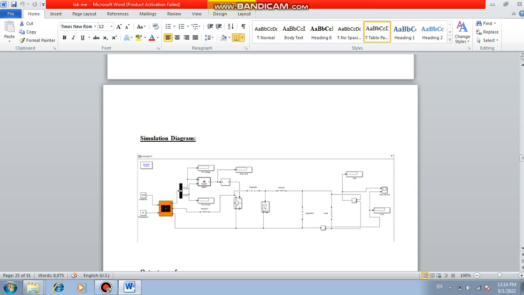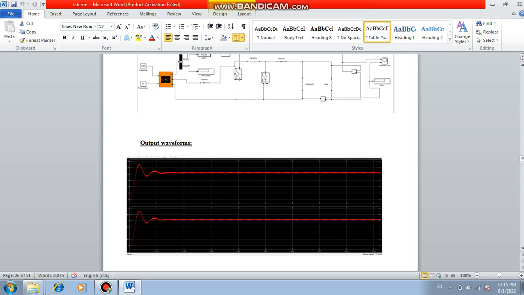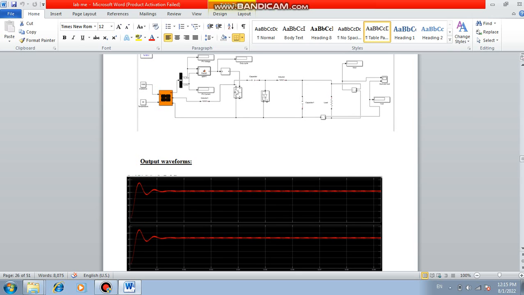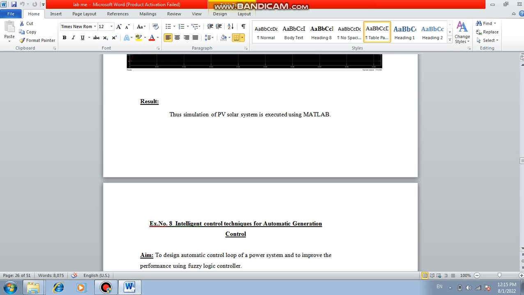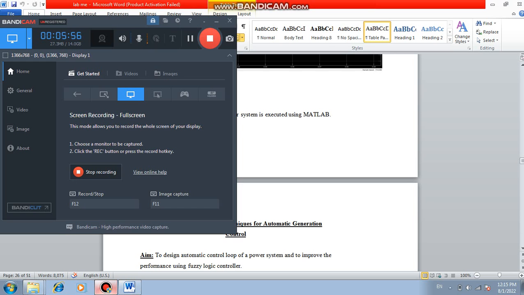You can also extend this work. These are the output waveforms we are getting, across the DC load. Thus the simulation of the PV solar system is executed using MATLAB, and this experiment has been completed. Thank you.